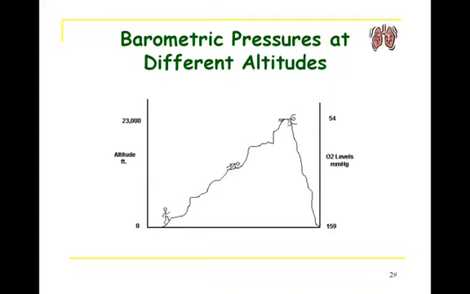So we're going to show you a table that shows that as you climb to higher altitudes, the barometric pressure can drop off significantly. It's not a linear drop off, it can drop off quite significantly.